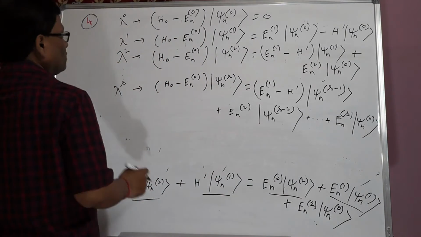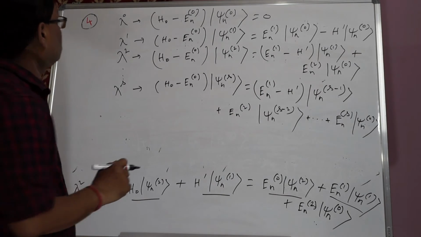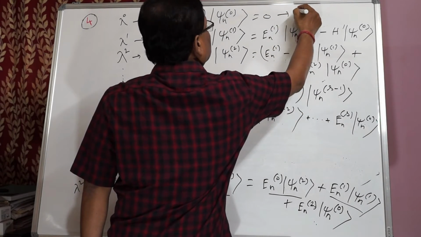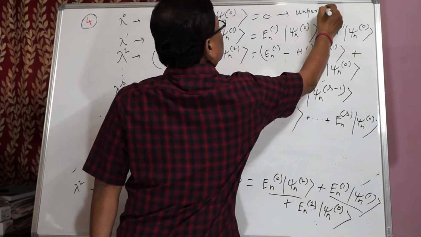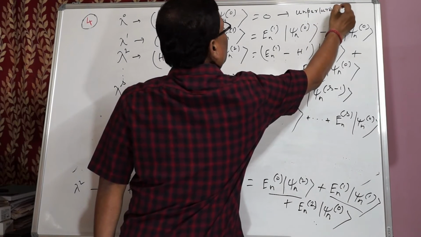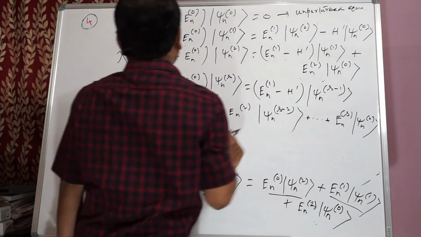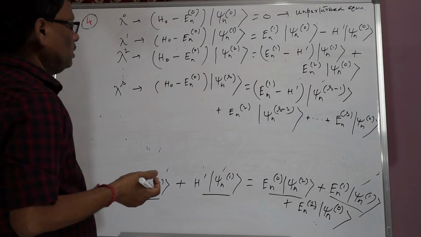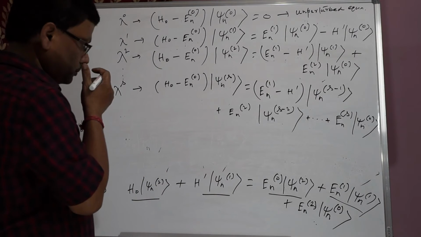So this part gives the unperturbed equation, and the others give the equations for different orders of perturbation.